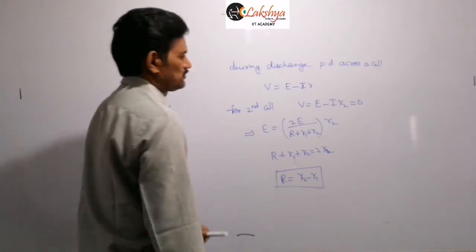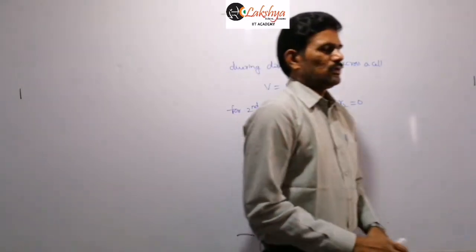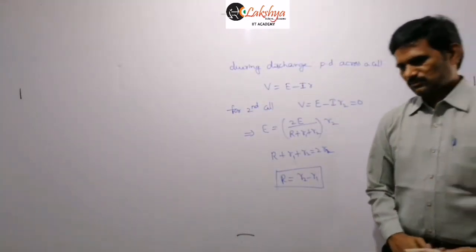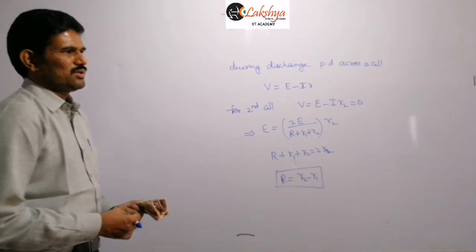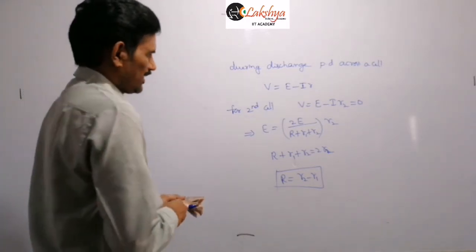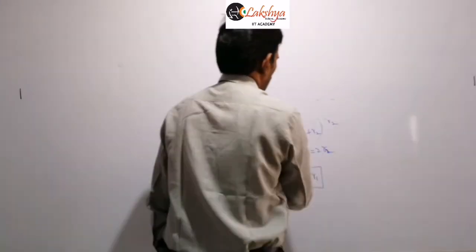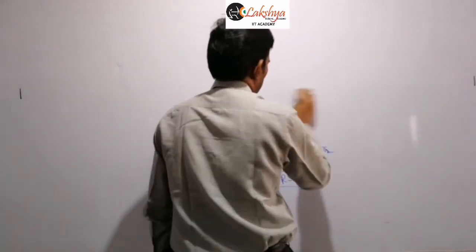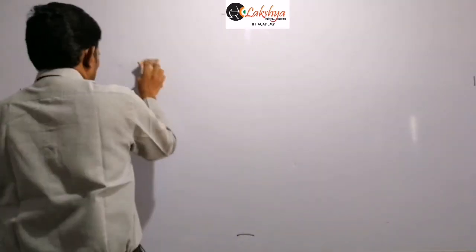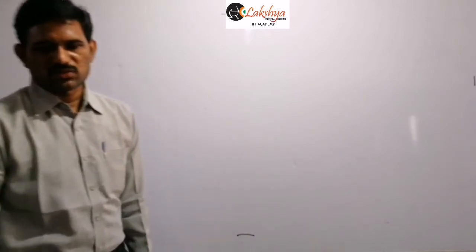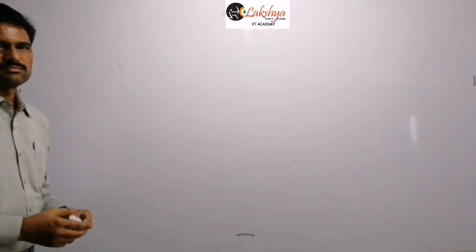So write the next problem. A battery consists of 12 identical cells connected in series, out of which some of the cells are wrongly connected.